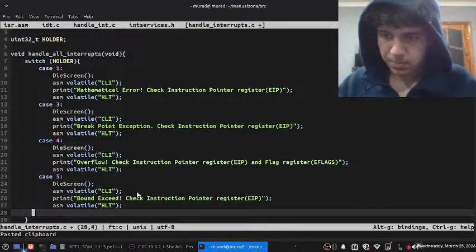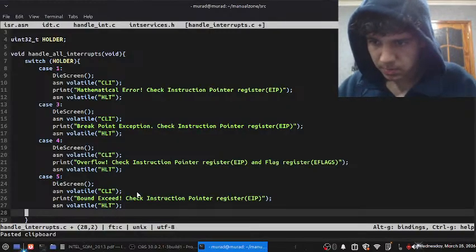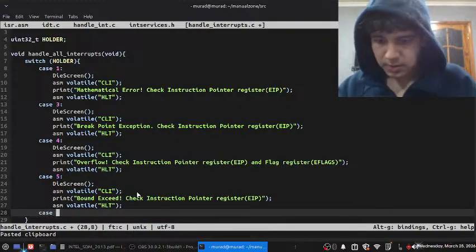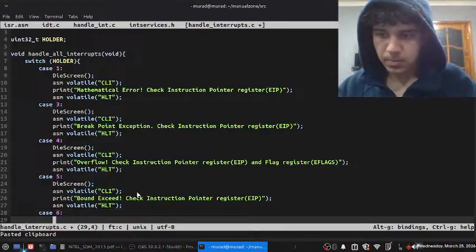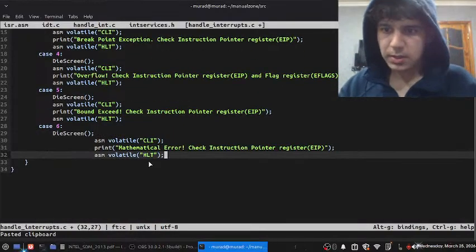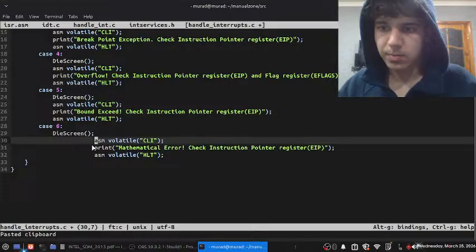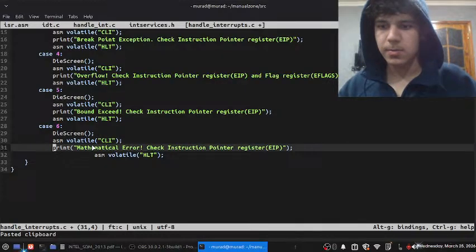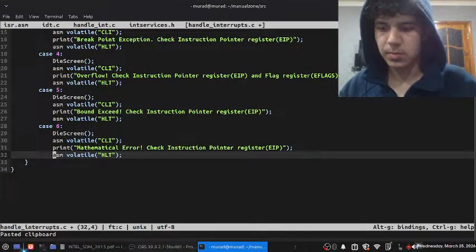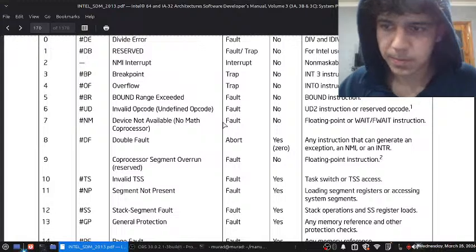Okay, and case 6, die screen. This is very basic. This is an amazing idea.